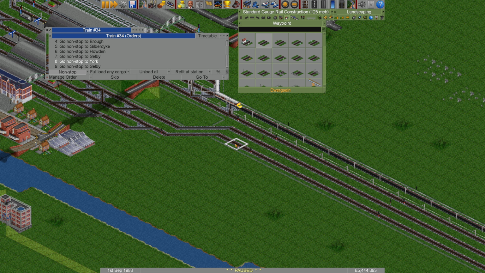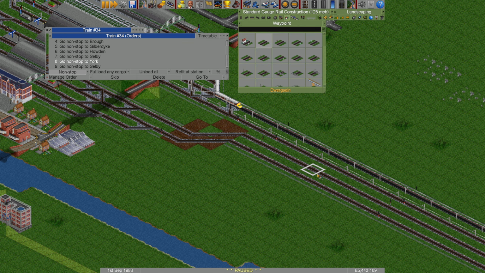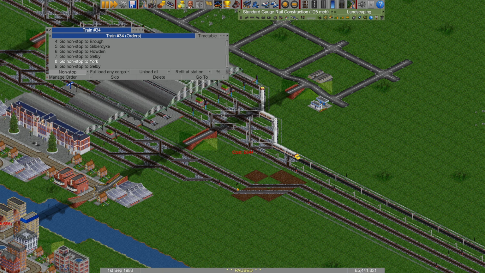So if we put that, let's extend this wiggle a little bit, just to help so we can put the waypoint. So if we put the waypoint here, at least we know what it's about. It's related to the station. I don't want it too far down the line because we might not see it. Okay, so this waypoint is York Slow South.